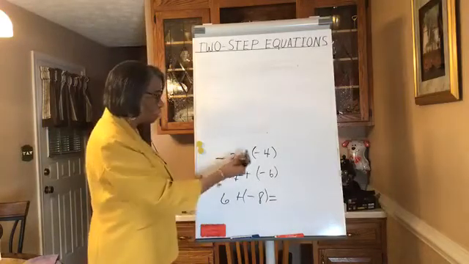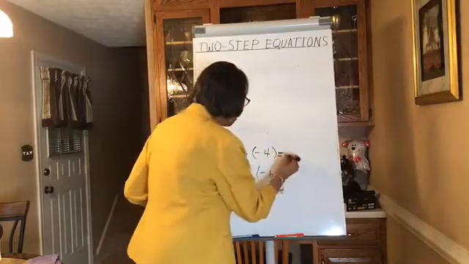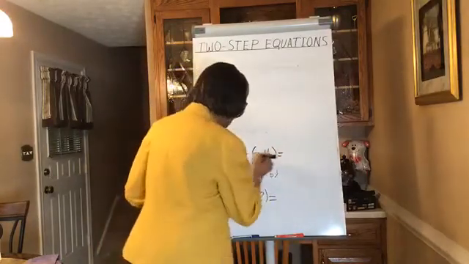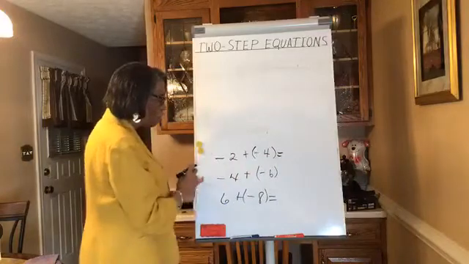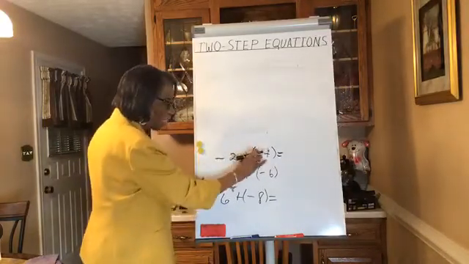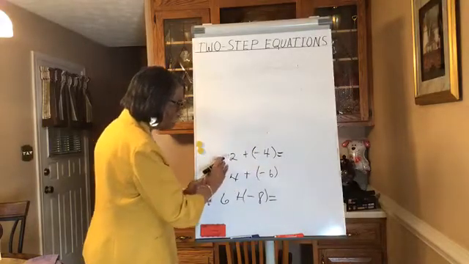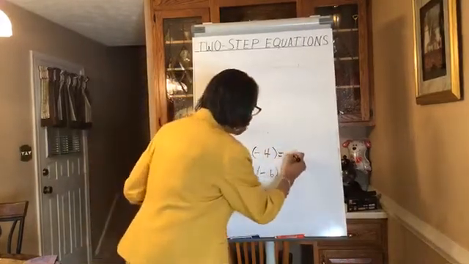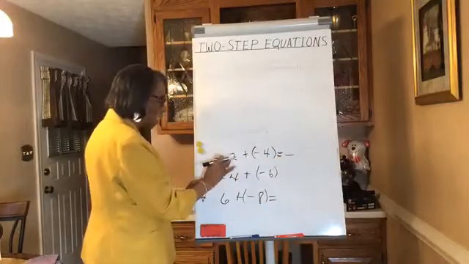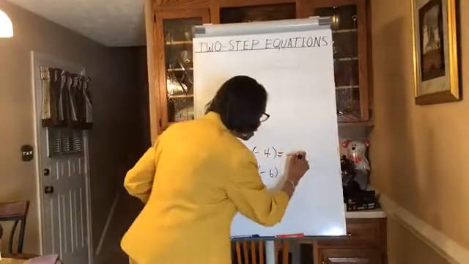All right, let's go with the first one. Say it with me. I can't hear you, but it's negative 2 plus negative 4. We have two negatives being added. A negative plus a negative is a negative. So the sum is negative. And we add the absolute values. 2 plus 4 is 6.